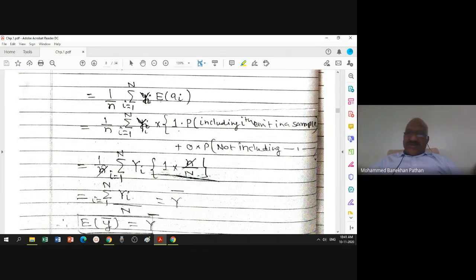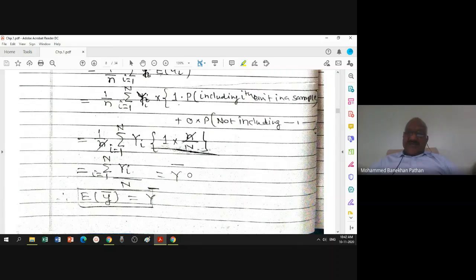So this is 1 upon n summation yi, 1 multiplied by, as I told you, the chance of including the ith unit in a sample of size small n, divided by capital N, because we want a sample of size small n from the population. This small n gets cancelled with this small n. Finally, what remains? Summation yi divided by capital N, and that is Y bar.